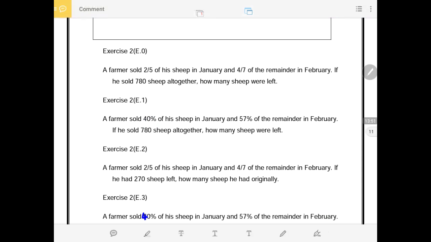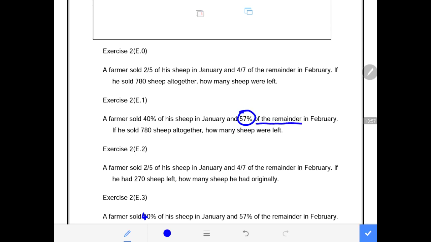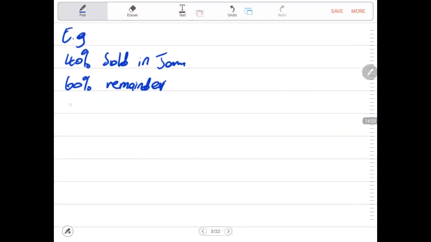Now we go to the second one, and 57% of the remainder. He sold 57% of the remainder. So now we need to know how much percent he sold, as we are looking for sales for the month of February. How much percent is left is 60%.